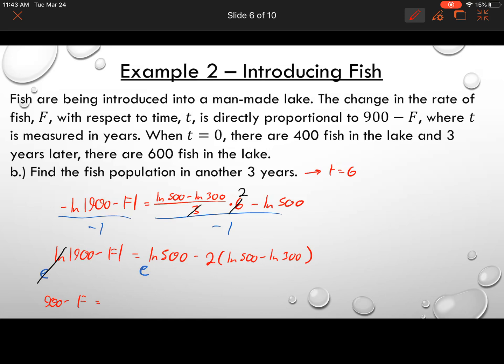Just to make us have to write less, let's actually evaluate that right side. Let's evaluate e to the power of ln 500 minus 2 times the quantity ln 500 minus ln 300. Let's see what we get. So we get 180. So it's an exact answer, which is nice.